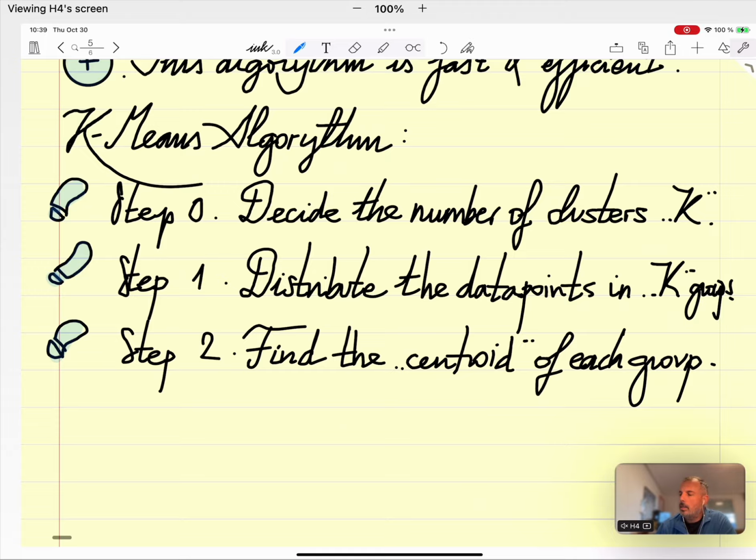Super easy, as easy as calculating the Mittelwert, okay, the mean value.